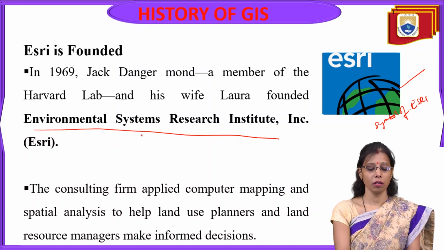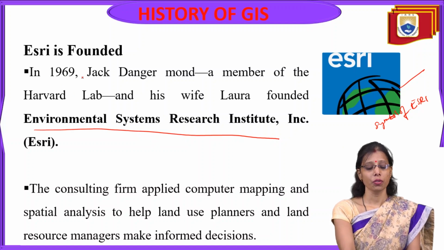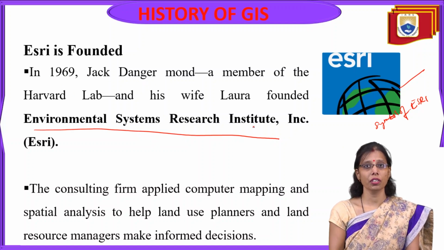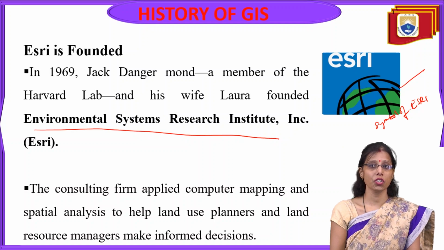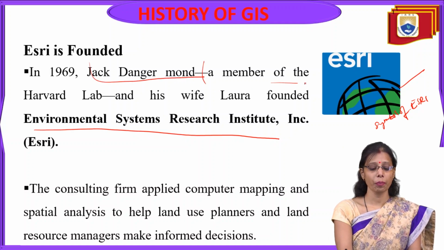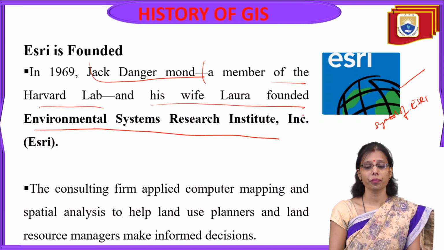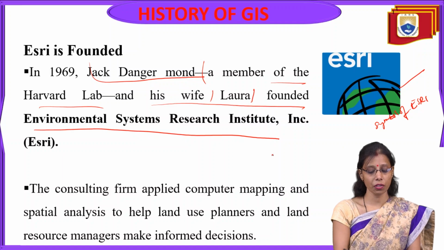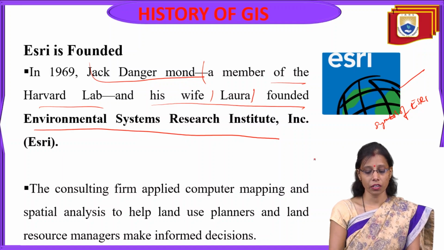In 1969, Jack Dangermond, a member of the Harvard lab, and his wife Laura founded the Environmental System Research Institute.